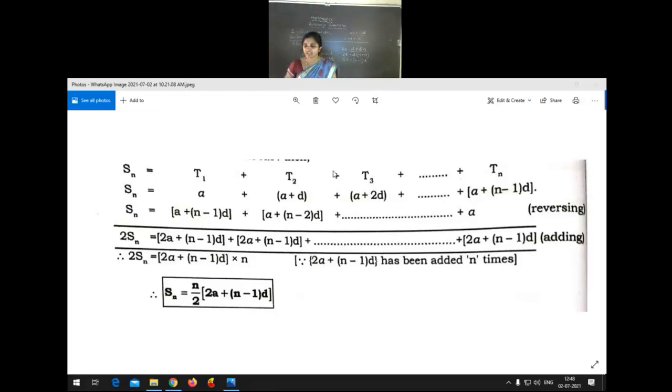There are infinite numbers in between this a plus d, a plus 2d, so on up to a plus n minus 1 into d. So here we have to take 2Sn is equal to 2a plus n minus 1 into d into n. Why we have to take n? Number of times.